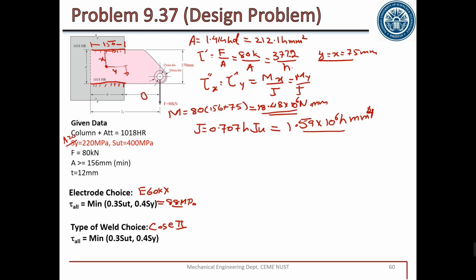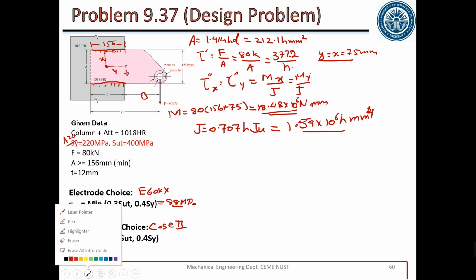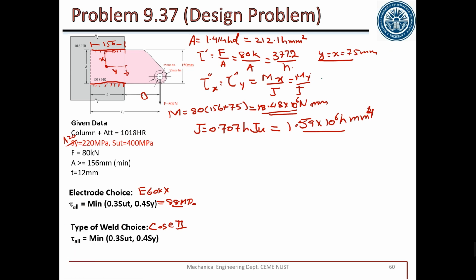We have J, we have M, we have x, y. Substituting all these values, the answer will be 871.7 by h.